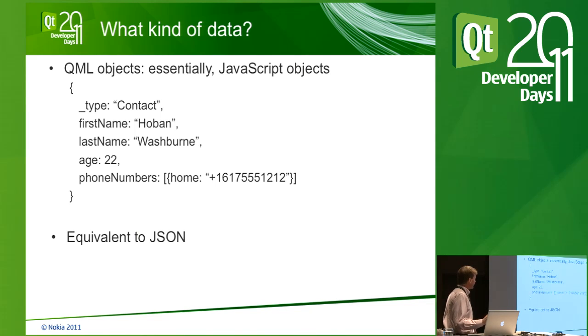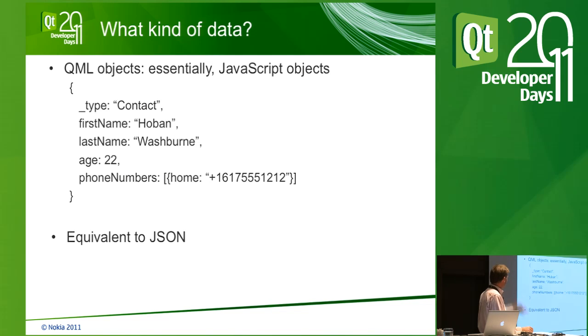So in terms of objects, we call it JasonDB because JSON is kind of a canonical representation for those sorts of objects. And anything you can represent as JSON, you can put in the database. And because the QML runtime is built on JavaScript, it makes a lot of sense to restrict it to that set.